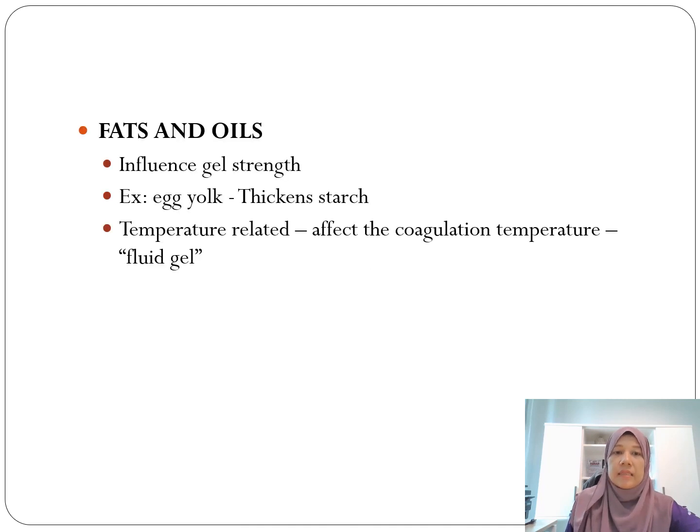Next, when starch is combined with fats and oil, it will influence the gel strength. For example, when you combine egg yolk with the starch, it will thicken the starch. In terms of temperature, egg yolk will affect the coagulation temperature, and then it will become a fluid gel. What is the meaning of coagulation?